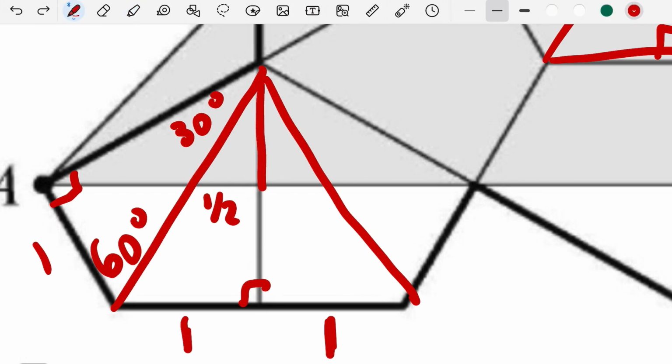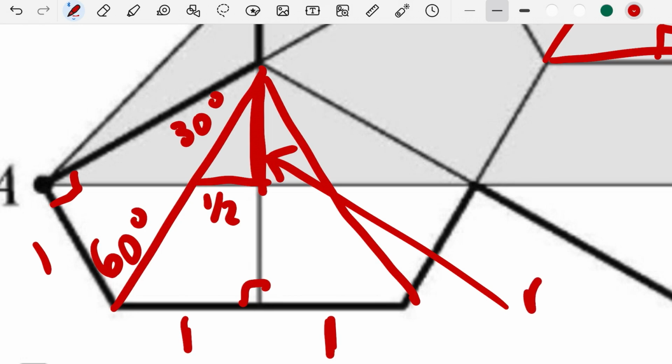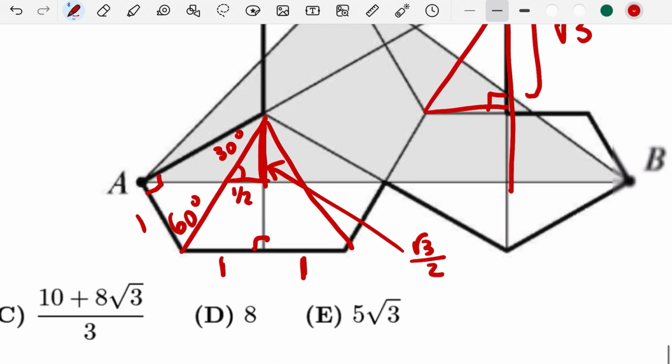And thus we know that this length right here has length square root 3 divided by 2, because this is the 30-degree angle and this is the 60-degree angle.